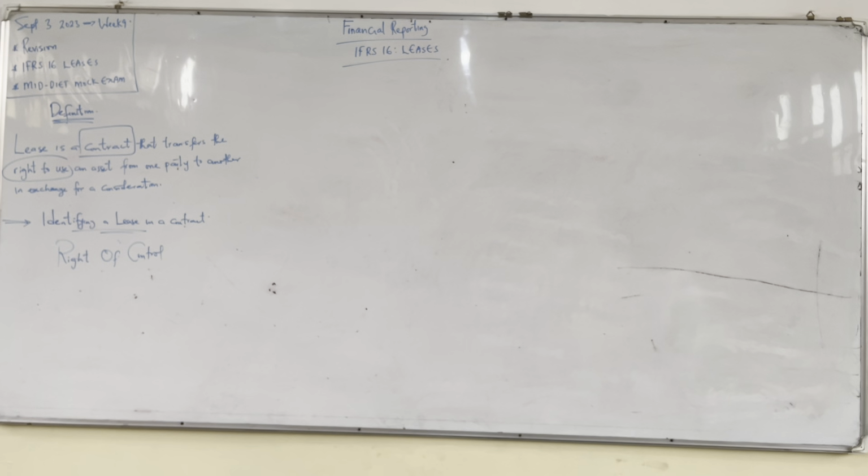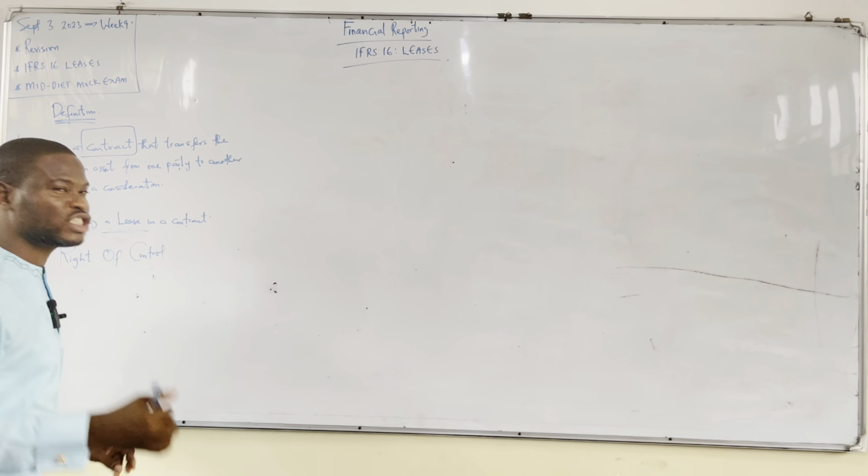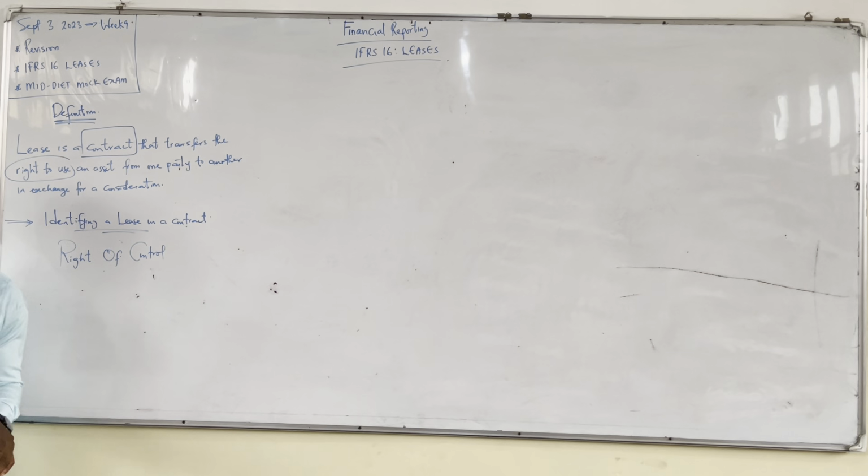That is, the lessee must have rights of control. Then the question becomes, what is right of control? You see, right of control means two things. One is that the lessee or the person renting the assets must be the only one using the assets.